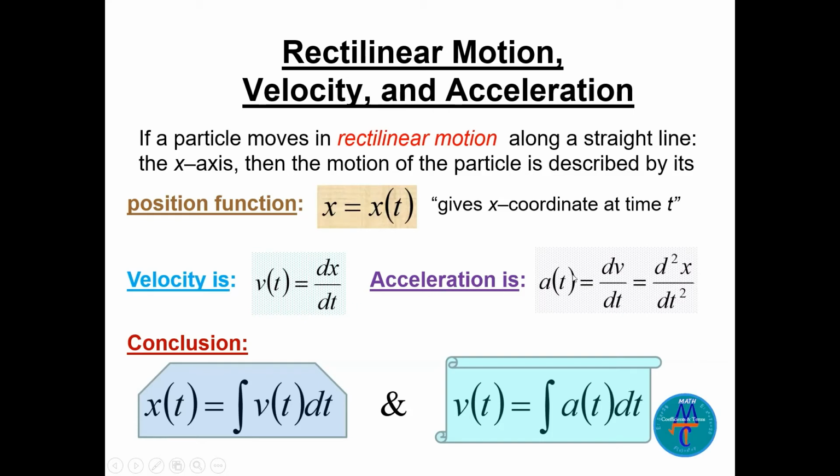And the acceleration, a of t, is the derivative of the velocity, which is dv over dt, or the second derivative of the position function, d squared x over dt squared. In conclusion, we can say x of t will be the integral of v of t dt, and v of t will be the integration of the acceleration a of t dt.